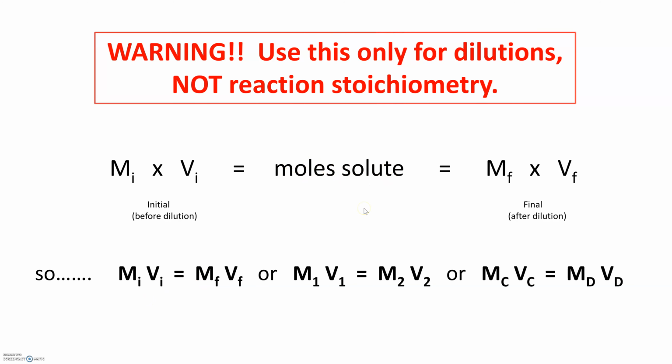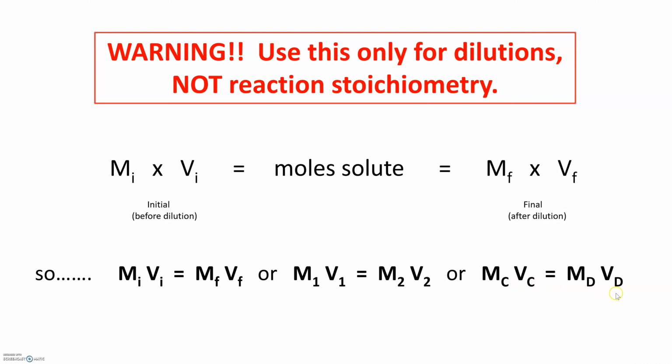So if we remove that part and put those two ends equal to each other, you have MiVi equals MfVf for initial and final. Some places show it as M1V1 equals M2V2, definitely easier to say. But again, it's a set of two conditions, one at the beginning and the second at the end.